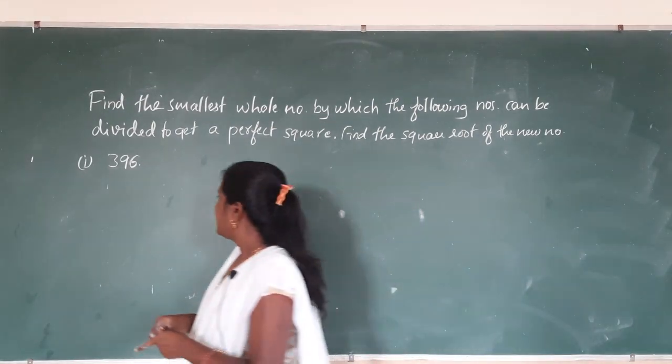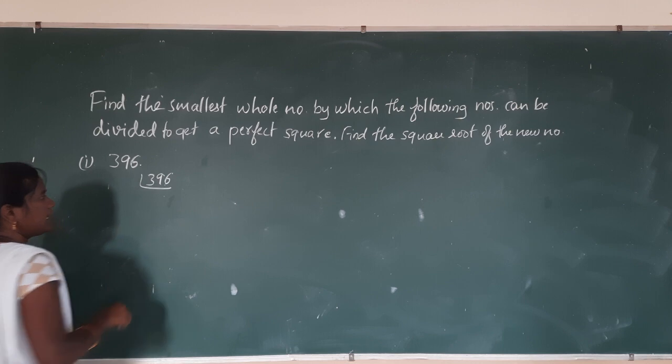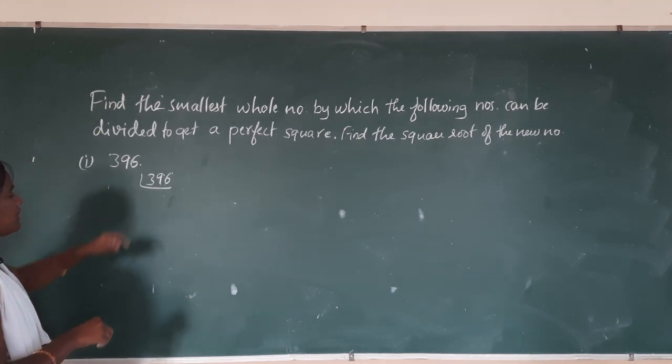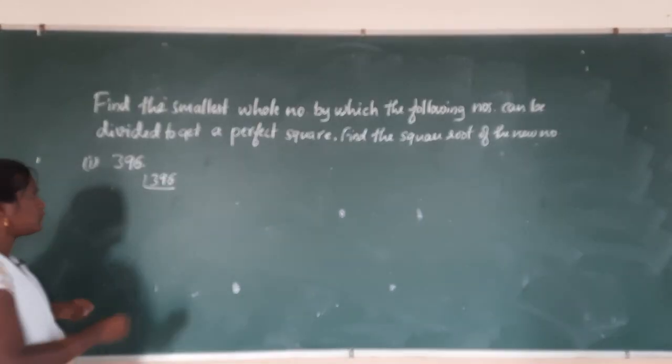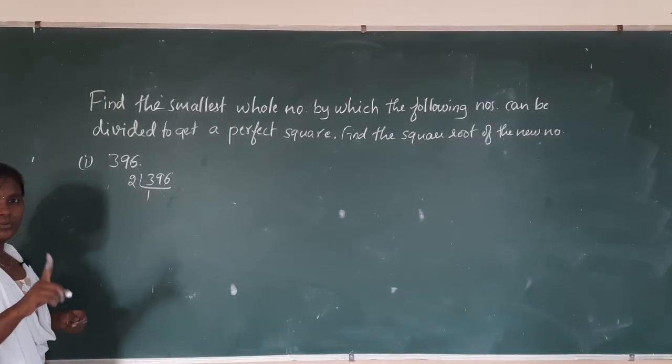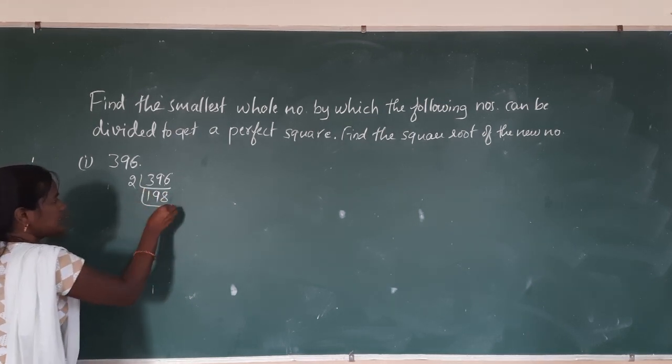So now let us find the square root using the prime factorization method. 396 is there. Is it divisible by 2? Yes, of course. 2 ones are 2, 2 nines are 18, 2 eights are 16.